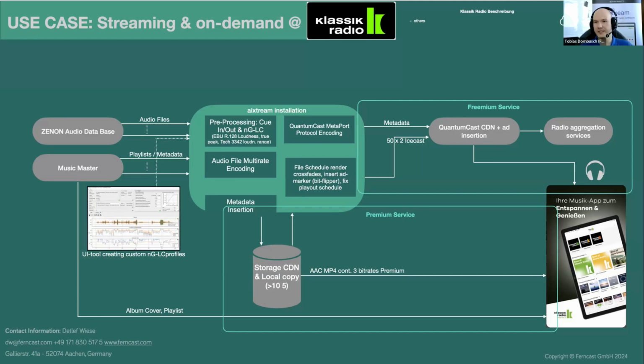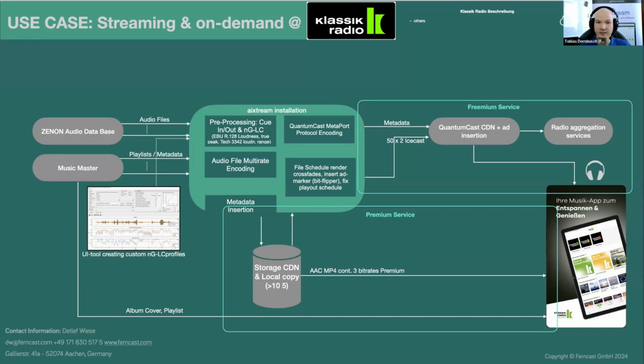What's unusual there is that we also use our API to take a radio program scheduled via Music Master and then realize this in our system. So we receive the Music Master schedule, and then, of course, pull the audio files from their audio database as required. We do the encoding, but also things like the loudness processing.